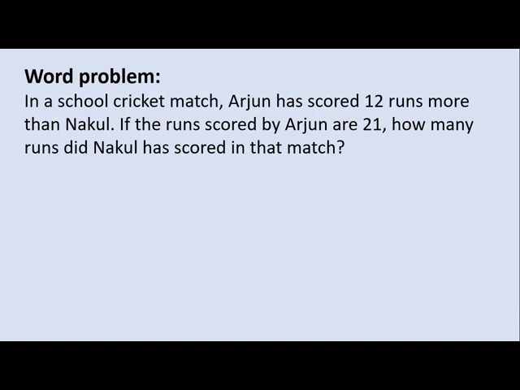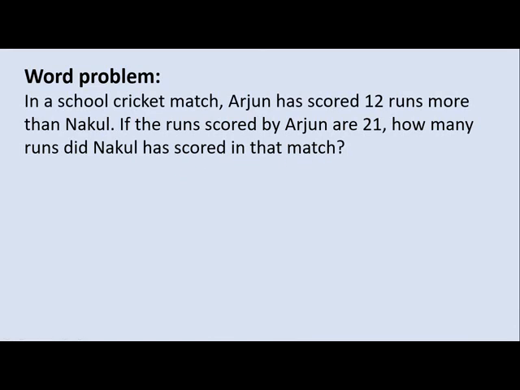In that match, the players Arjun and Nakul scored some runs. Here Arjun has scored 12 runs more than the number of runs scored by Nakul. And the number of runs scored by Arjun is given, that is 21. If Arjun has scored 21 runs, how many runs did Nakul score in that match?